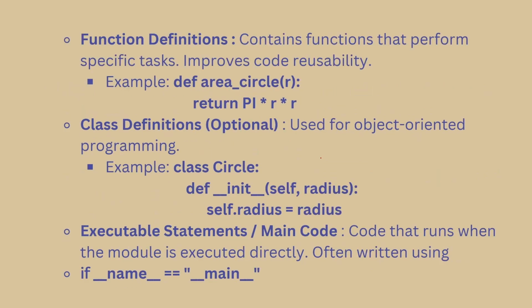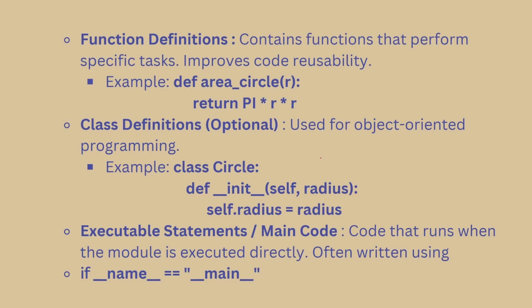Then we have function definitions. They contain functions that perform specific tasks and improve code reusability. Like we say define area_circle and we return pi r square, right? So this is a function that performs a specific task. Here this area_circle function returns the area of the circle.